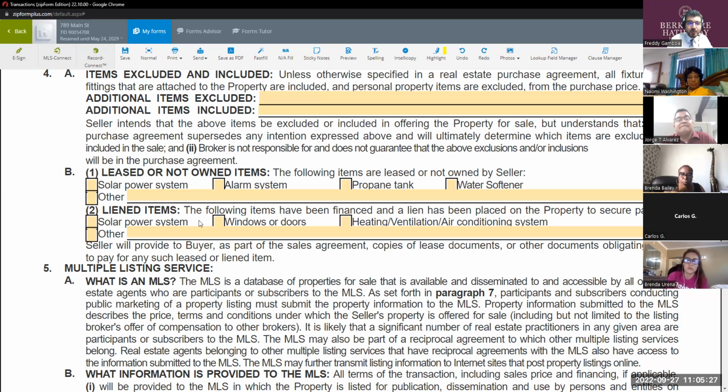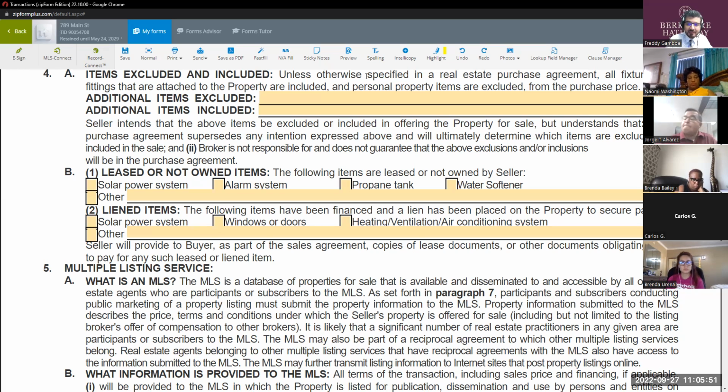Now, a good tip for you guys: when you go and take a listing, please preview the property and look up onto the roof to see if it has any solar panels, either from the front or from the back.